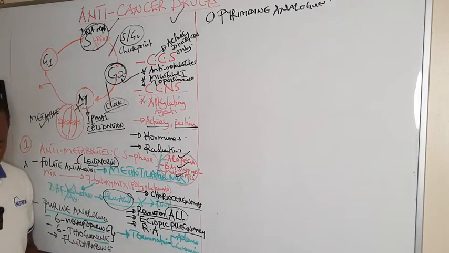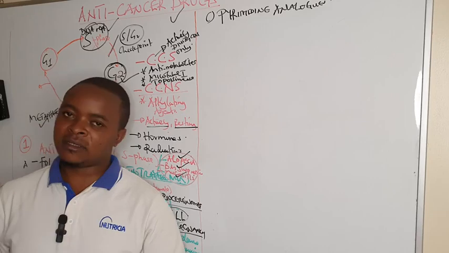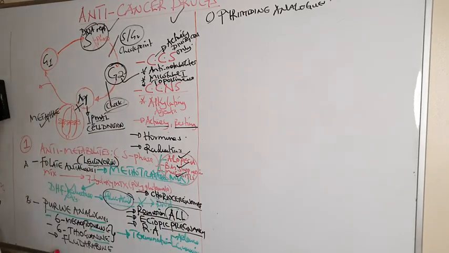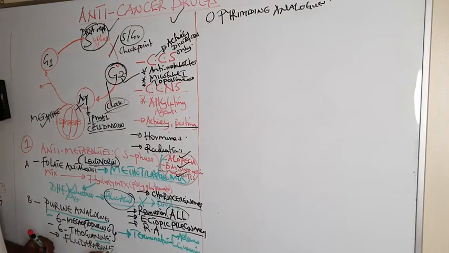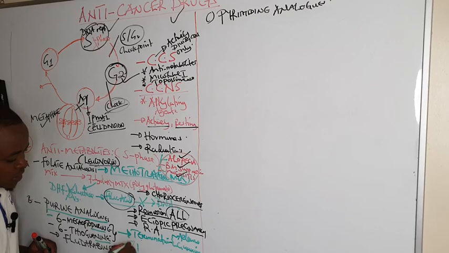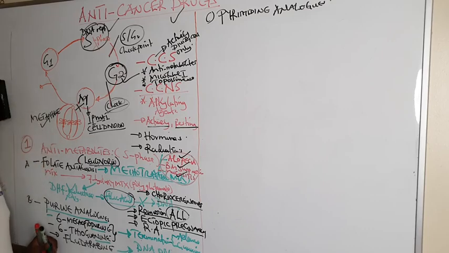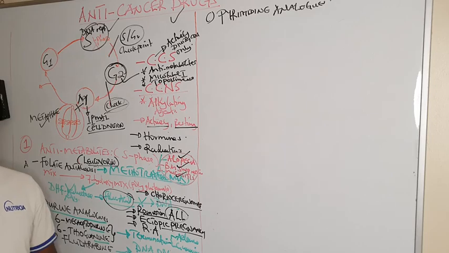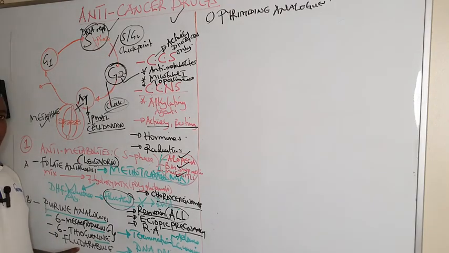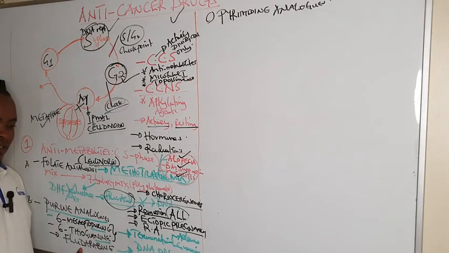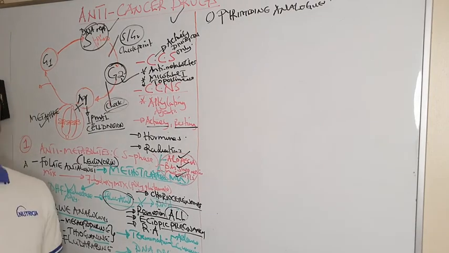So these ones cannot be synthesized. Whereas fludarabine is also responsible for inhibiting DNA polymerase. It is a competitive inhibition when we form a triphosphate from fludarabine in the presence of cellular kinases.